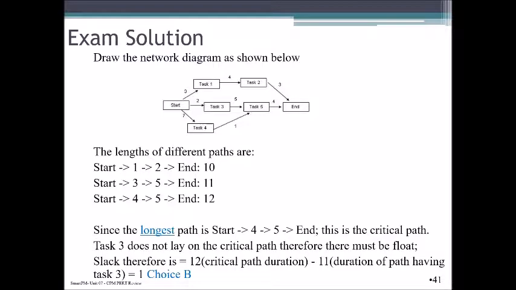Since the longest path through this network diagram is start 4-5, this is the critical path. We note that task 3 does not lie on the critical path, therefore there must be float. To calculate the float, we take the critical path duration of 12, subtract the duration of the path having task 3. The difference is 1. The answer is B.